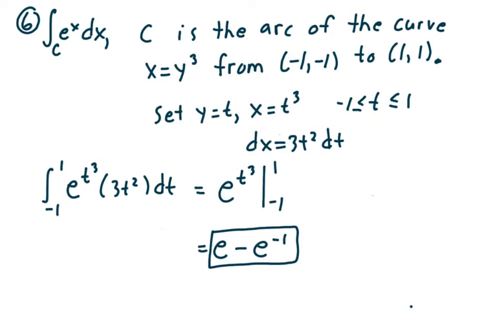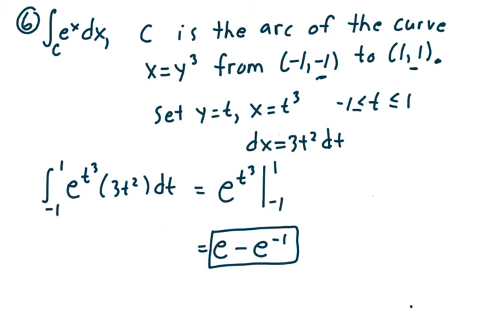But that says x equals t cubed, right? And t goes from -1 to 1, because remember, y is from -1 to 1, but y is equal to t. So t goes from -1 to 1.